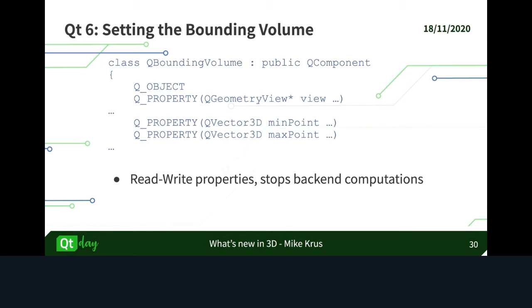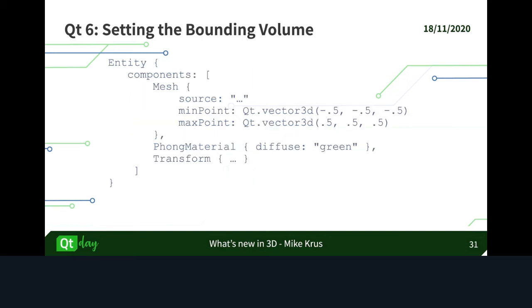It will just use those min point and max point, and it will not have to iterate through all the vertices in order to calculate the bounding volume. So if you know what it is, because your file format stores that, or because you've calculated the mesh from some algorithm and you know what the bounding volume is, then you can set it like that explicitly, and that will stop Qt3D from calculating.